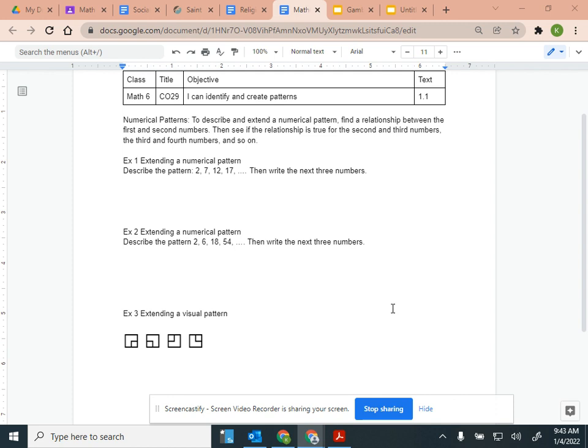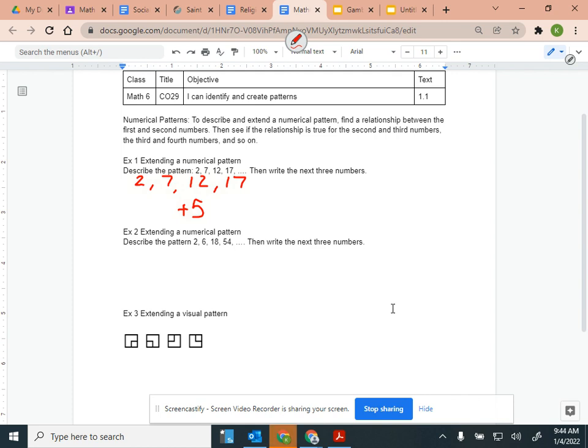So, extending a numerical pattern, you have to describe the pattern. If we have 2, 7, 12, 17, what is the pattern? What pattern do you see there? If we go from 2 to 7 to 12 to 17, Aiden, what's the pattern? Yeah, it's going up by 5 each time.